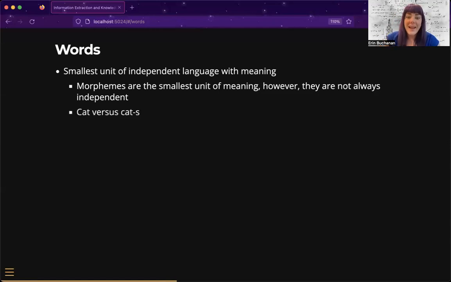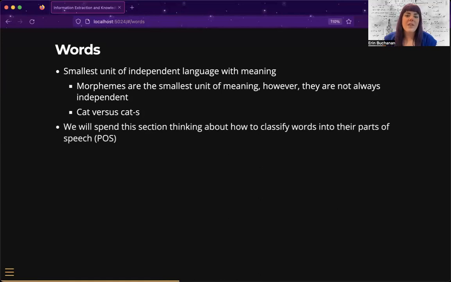Okay, so cat is a word and one morpheme. Cats is also a single word, but two morphemes, because that S tells us something useful, plural, more than one, but it is not a word that can stand on its own. Okay, it has to be paired with the cats.